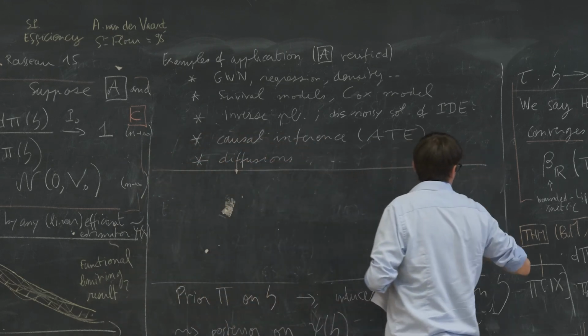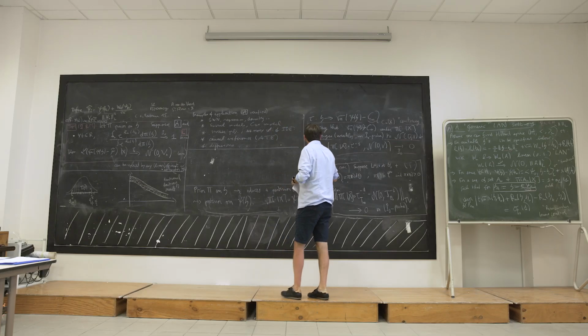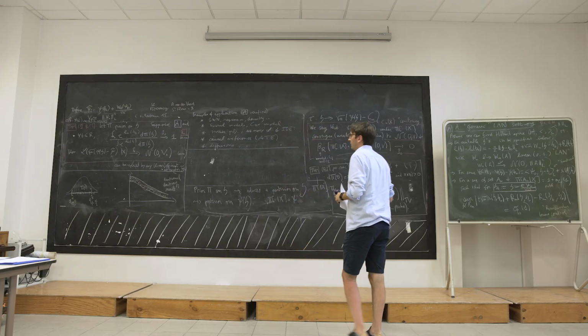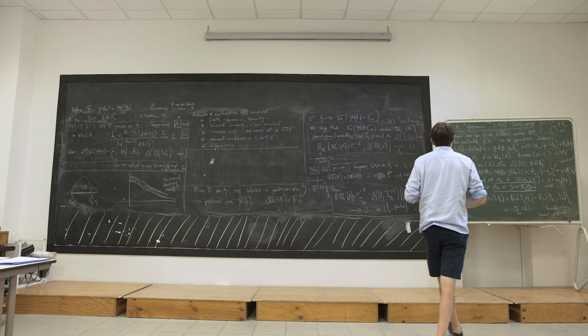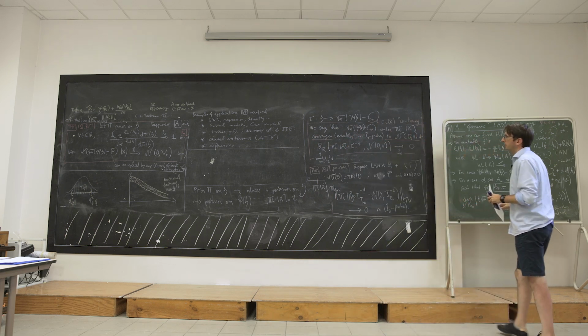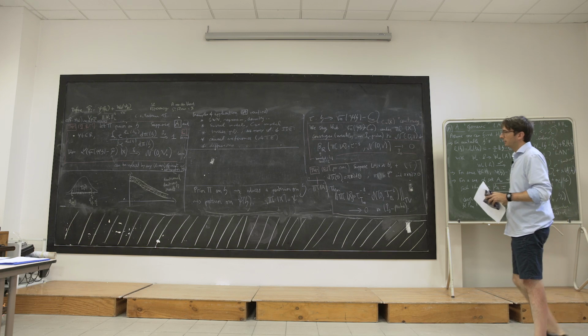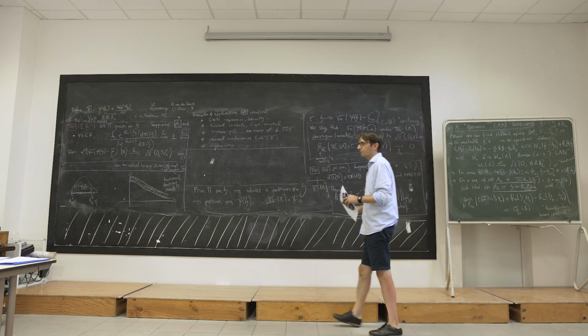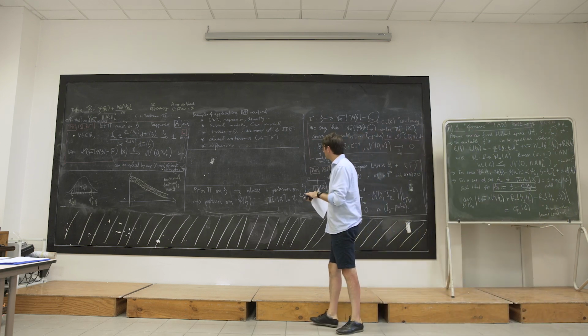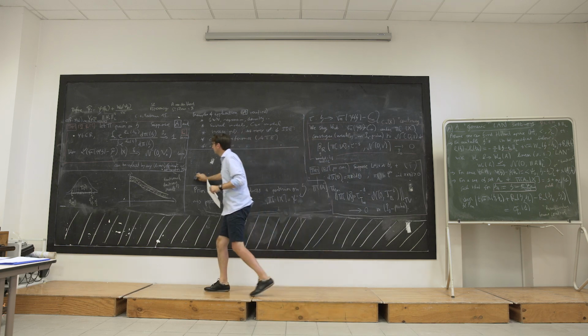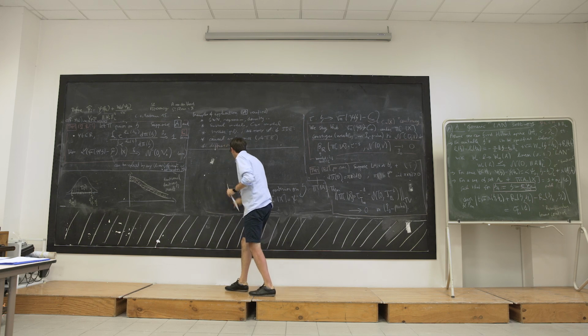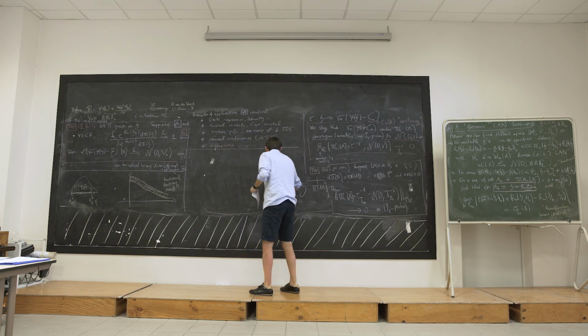Okay, and in a moment, now I'm going to give a proof. The proof you'll see is not very hard, because we essentially just use what we need. And then we'll see how we verify it in the example for Gaussian process priors. So if you have any question before the proof, but you'll see the proof is not too difficult.